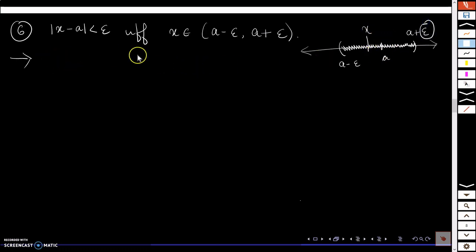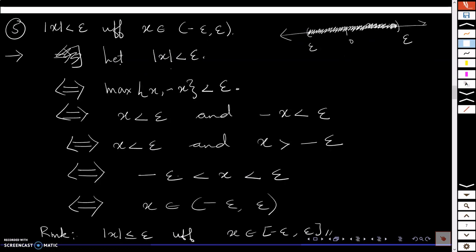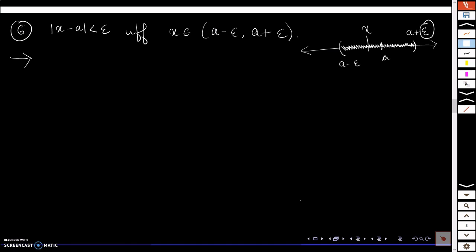So this is what we need to prove, and the previous one was actually a special case of this when A was equal to 0. So if you put A equal to 0 here, you are exactly getting property number 5, right? So let's assume that mod x minus A is less than epsilon. Now you can think of this number as your x, and that is less than epsilon, right?